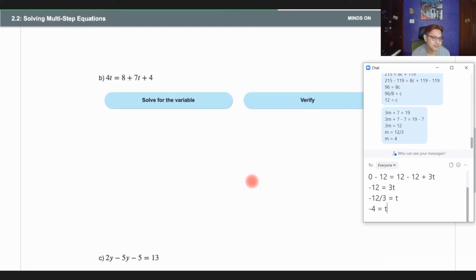There are many ways to do this, but as long as you get to the value of t equal to minus 4, then that's the answer. Try to do this, can you?